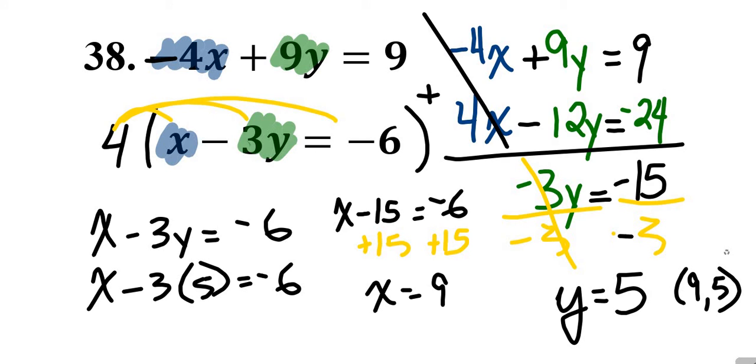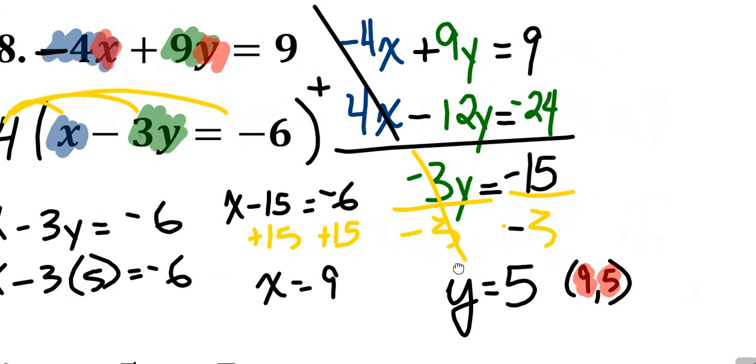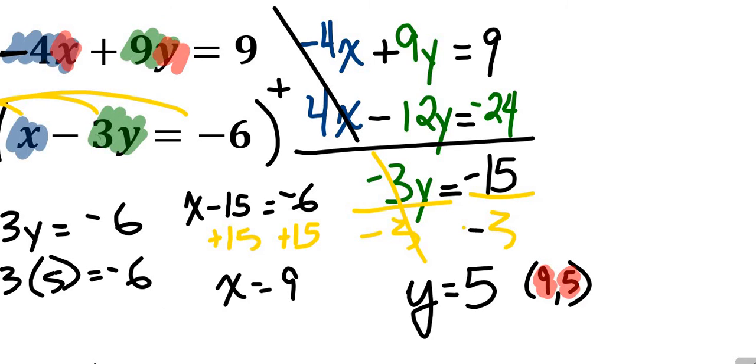But wait, how could you be absolutely sure you're correct? 100%. We're going to take these values and plug them into the other equation to double check it. So right here in the margin, we're going to go negative 4 times 9 plus 9 times 5 equals 9.